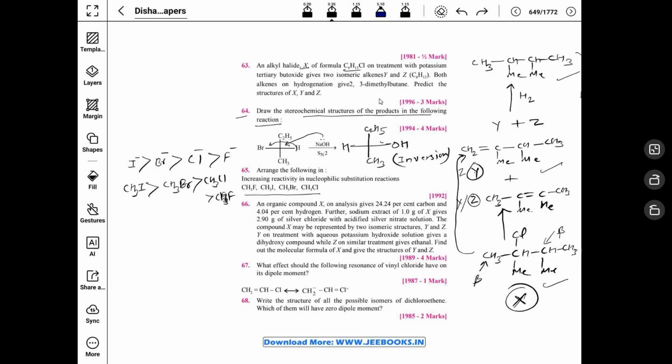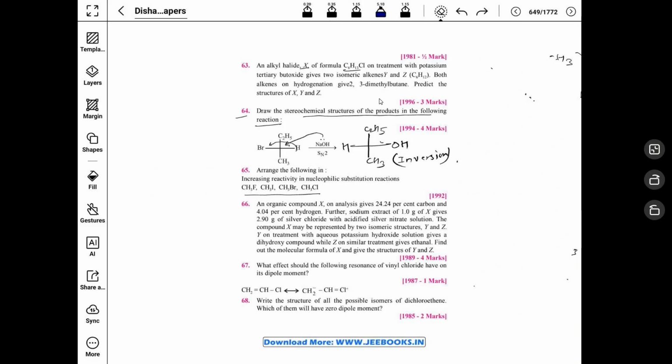Question number 66. An organic compound X on analysis gives 24.24 percent of carbon and 4.04 percent of hydrogen. Further, the sodium extract of 1 gram of X, when acidified with silver nitrate solution, gives 2.9 gram of silver chloride.